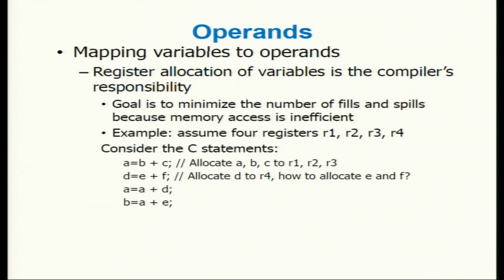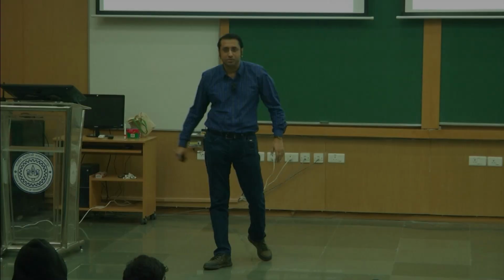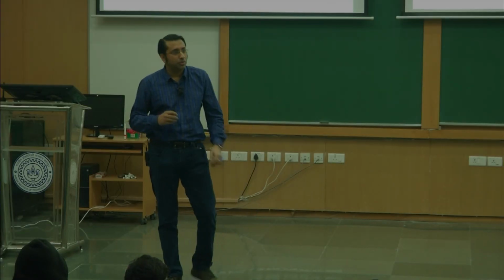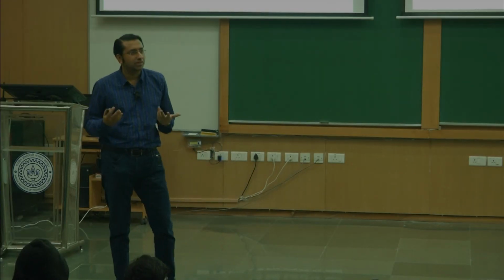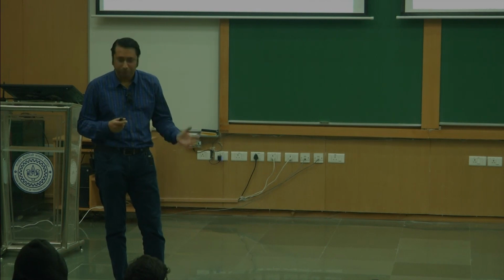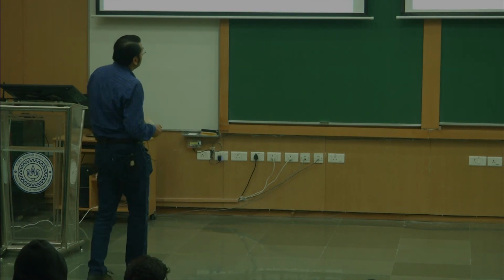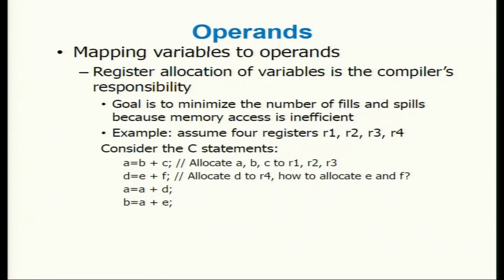So if you start thinking about it, how to allocate E and F, clearly you have to throw away some variables from registers to free up some registers. And the question that now needs to be answered is which variable should I throw away? If you look at the following statements here, you can see that A and D have been used here.